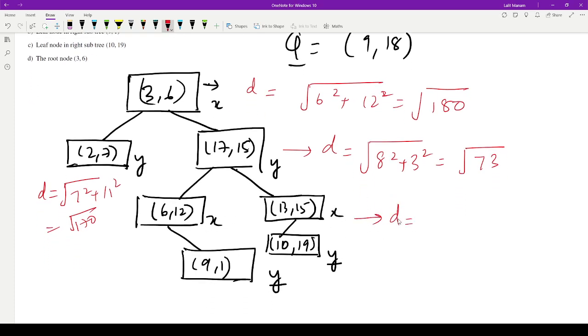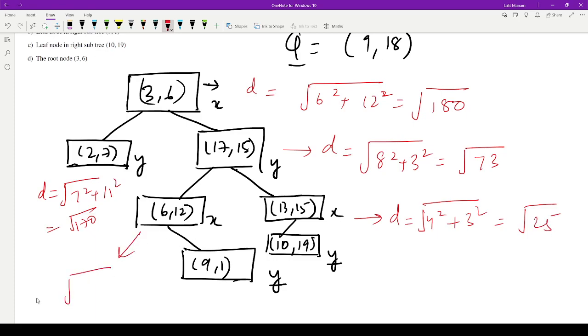What is this? 30 minus 9, 4, and 18, 15, 16. Okay. 16 plus 9, 25.